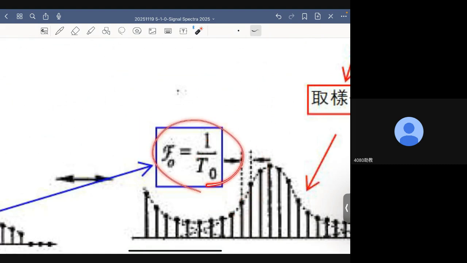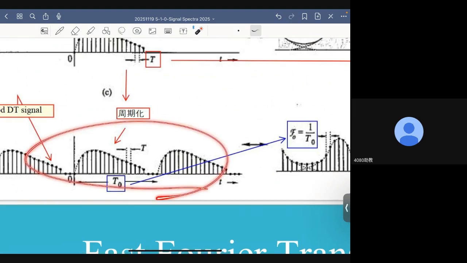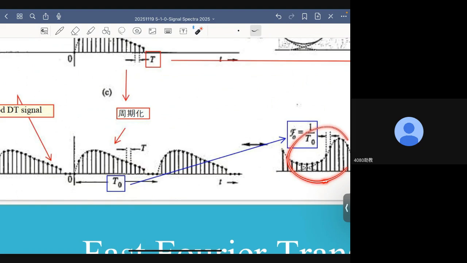Why is this the case? Remember, this is a periodical signal whose period is T0. Periodical signals always have a discrete spectrum, and those discrete frequency components only occur at integer multiples of the fundamental frequency.